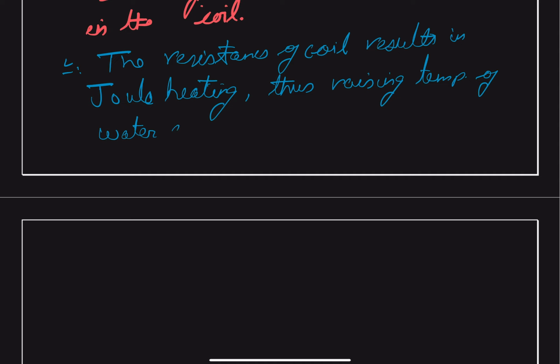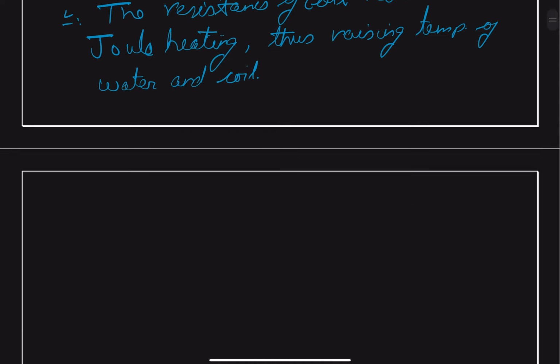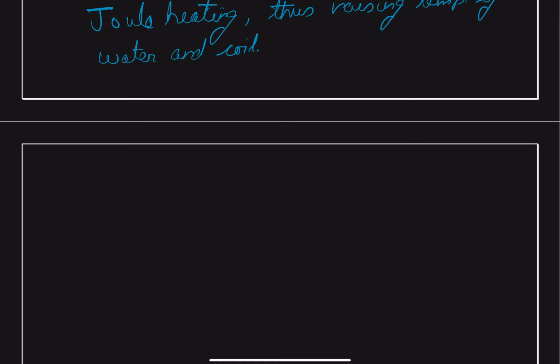So first of all, we are going to start with the induced EMF, and then we are going to find out all the relative things ultimately, because we are only interested in finding the final temperature as well as the current as well as power, because we have to plot their graphs.